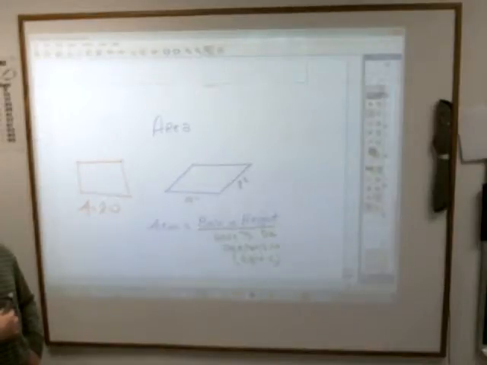Somebody give me the area of that parallelogram. 32,000 is close, but not quite. Peter, thank you very much. You can't find the area of this.